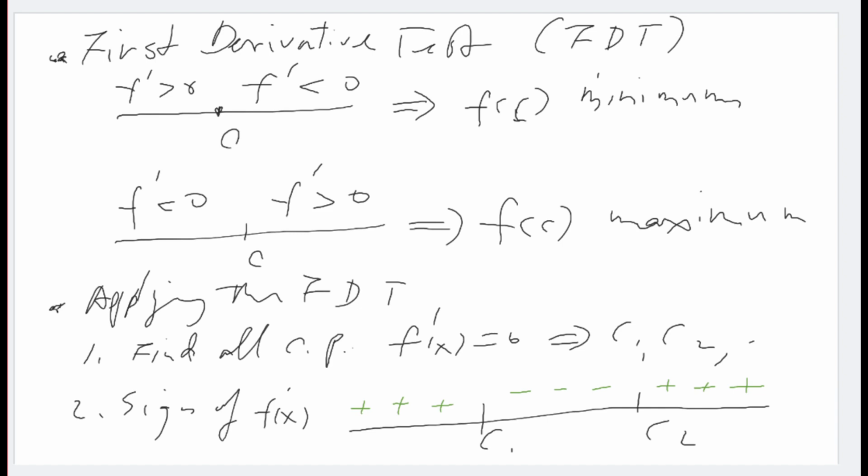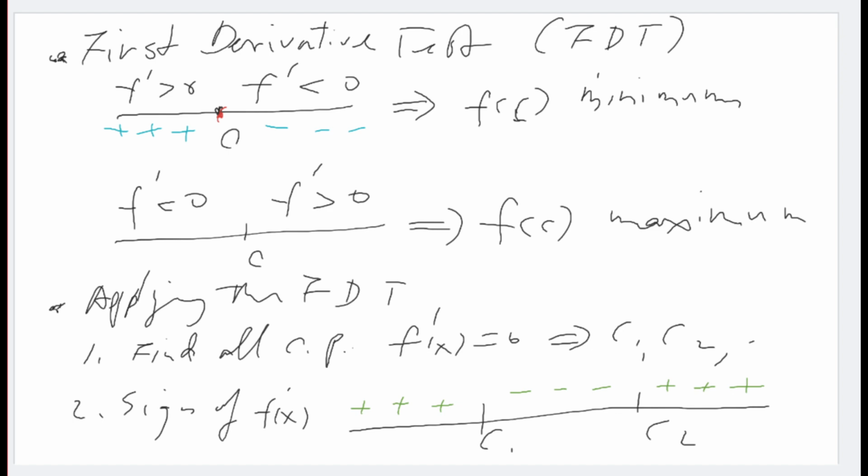Basically, you find the critical point C. If your derivative is positive on the left side and negative on the right side, then f(C), the function value at this critical point C, is going to be a minimum.